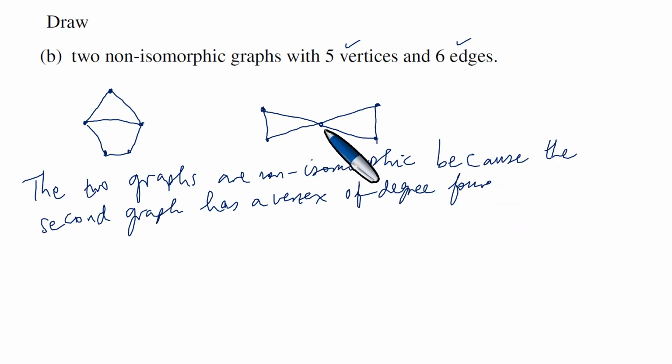Okay, so in other words, there's this vertex, it is of degree 4. So that one is a vertex of degree 4.